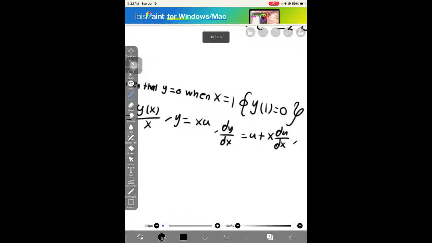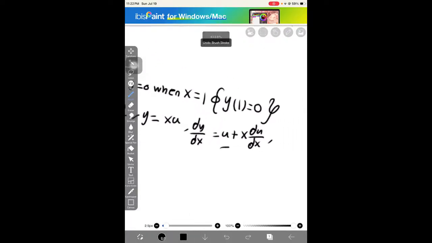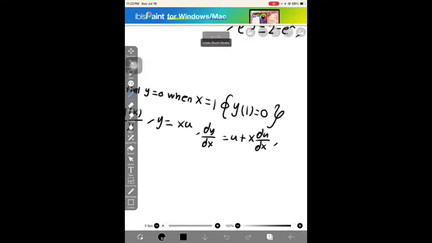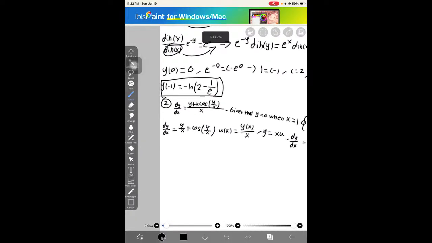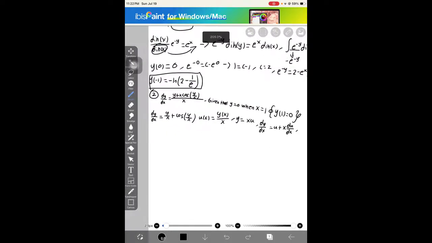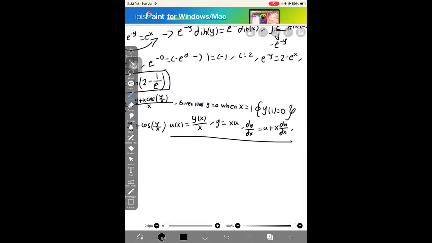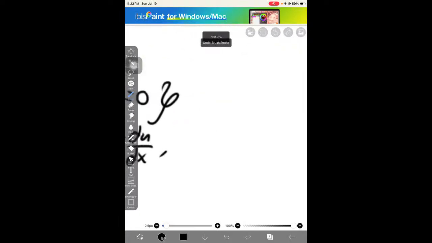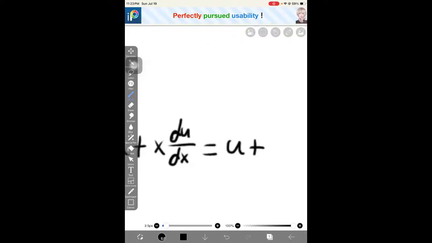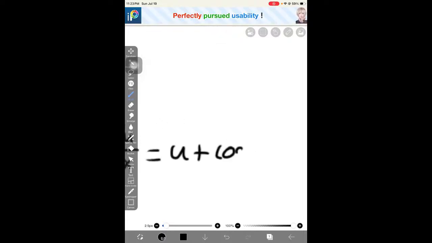We defined dy over dx as this expression, so let's substitute. We have u plus x du over dx equals u plus the cosine of u.